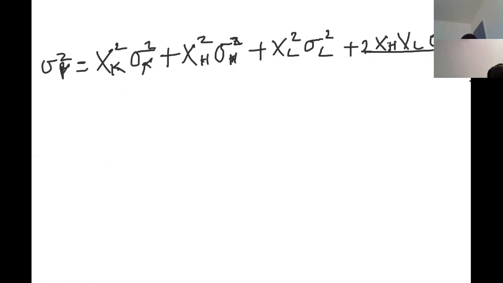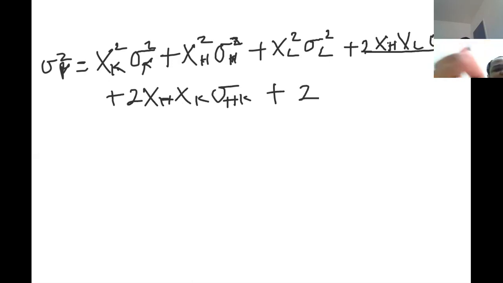Is it okay? So I've done this. Now I'm explaining how I got these from the matrix that I drew. So it's the same as plus 2 X_H X_K multiplied by the covariance between H and K, plus 2.